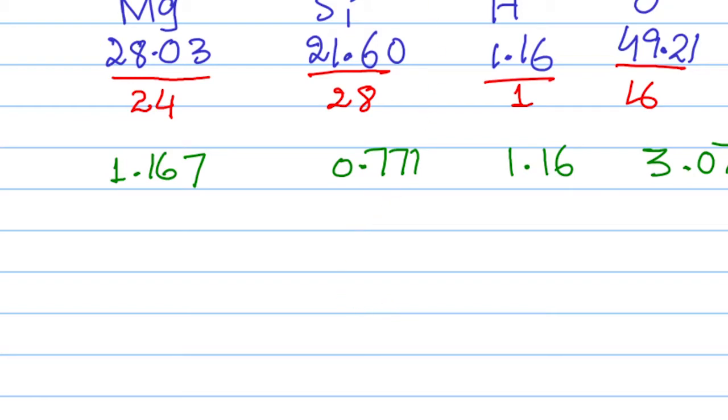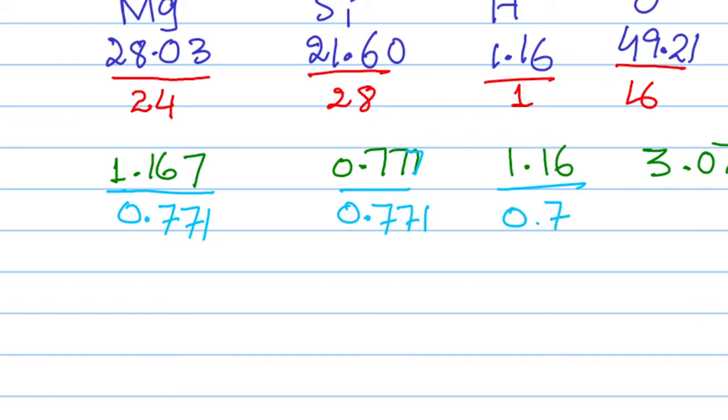If we identify the smallest number of moles, then we will divide all the figures by that. The smallest answer here is 0.771, so we will divide all the values by 0.771. By dividing all of the values, we will get the empirical formula.